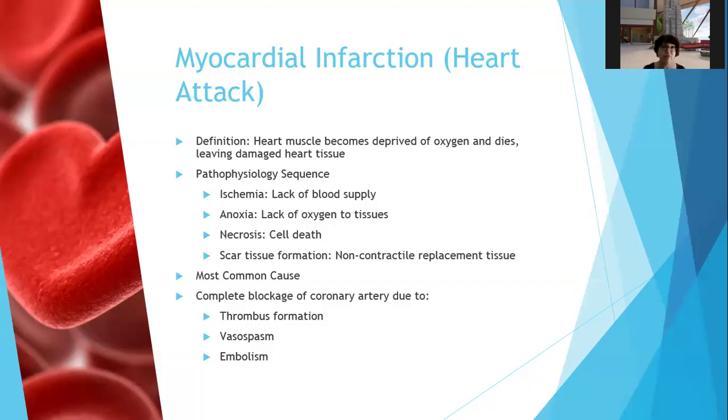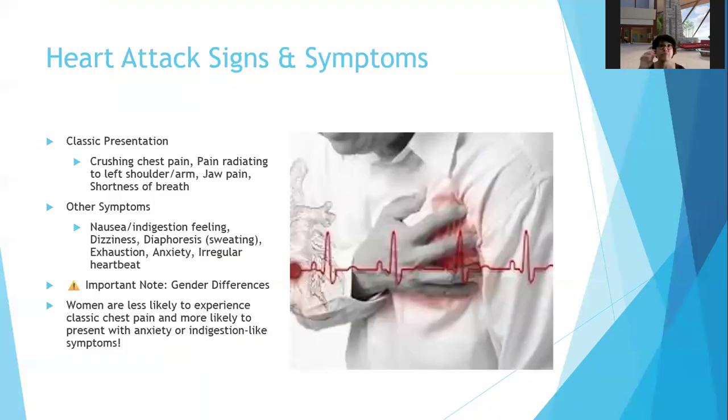The effects of myocardial infarction are going to depend on how much tissue damage there is. So the classic presentation that they always used to teach you in CPR is crushing chest pain, pain radiating to the left shoulder and arm, jaw pain, shortness of breath.